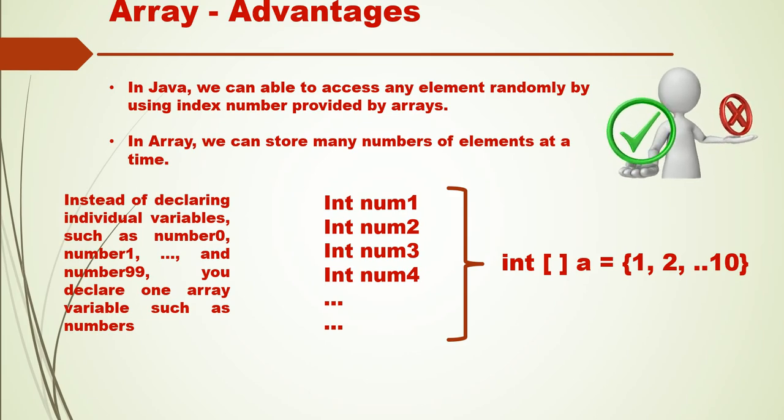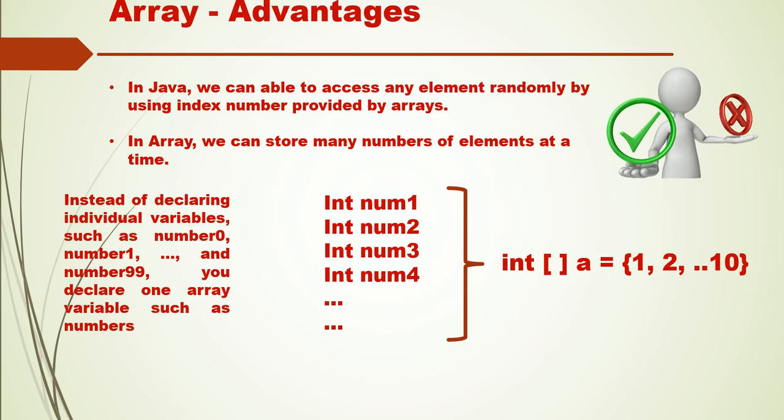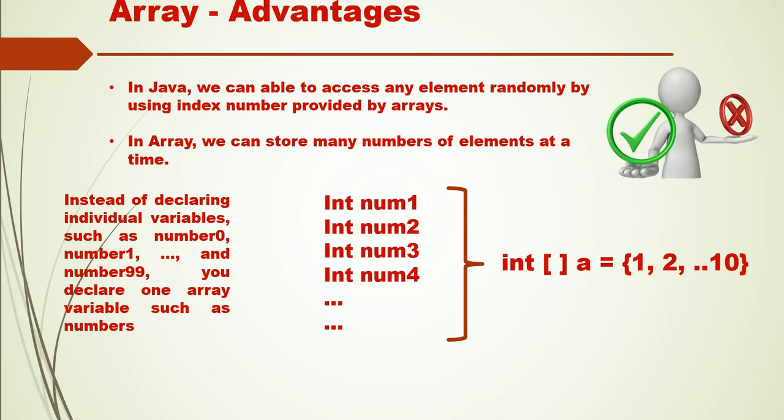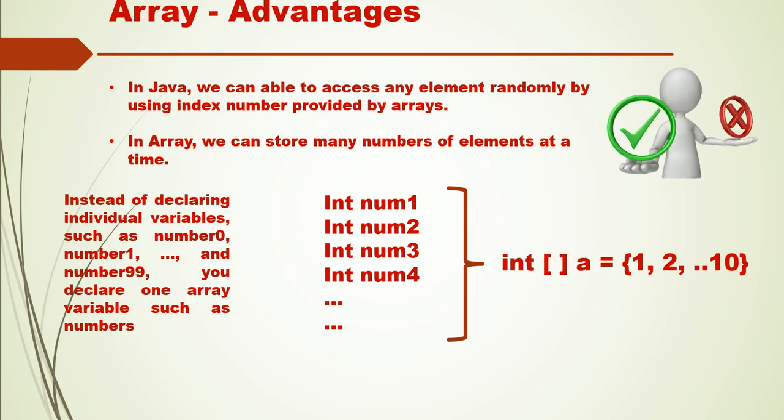In an array, all the elements are collectively stored at one place, so that you can easily access all the elements on the basis of index, so that your processing will be fast.